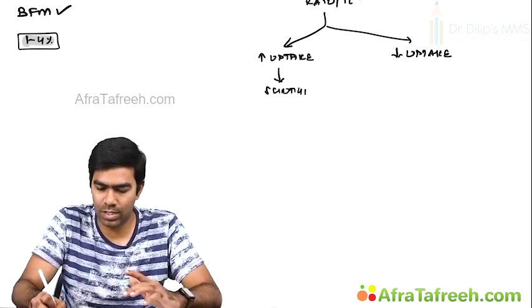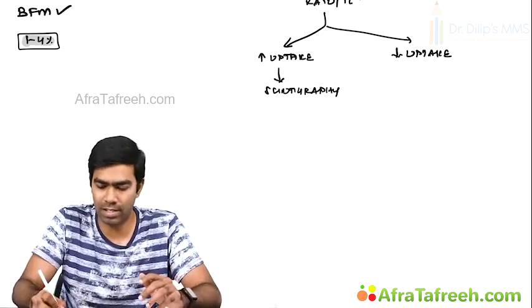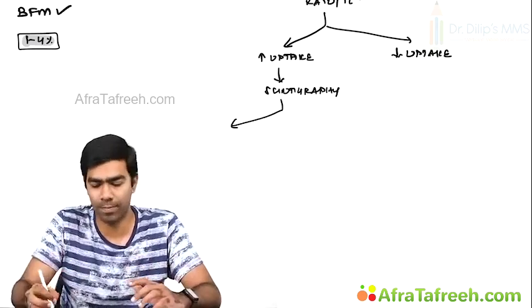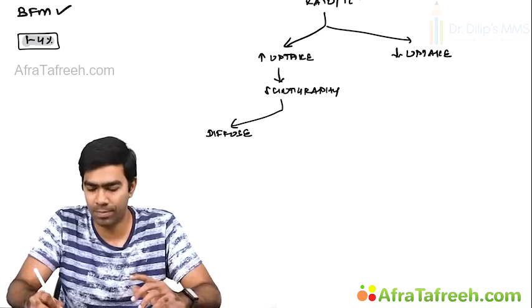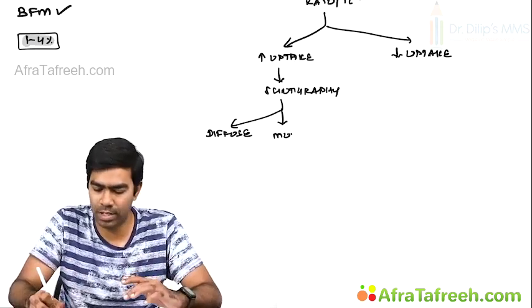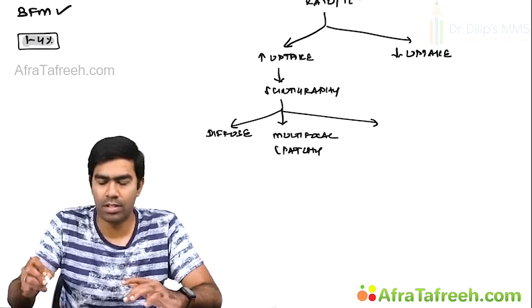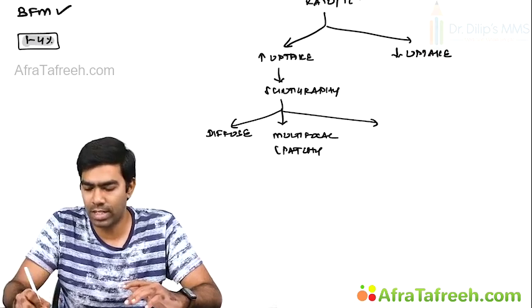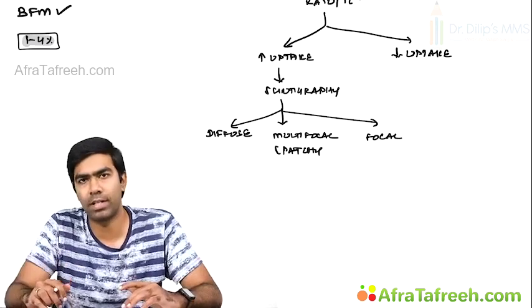So next is to see the scintigraphy and see how the distribution of this uptake is. You can categorize it into a diffuse increased uptake, or a multifocal increased uptake, or I can call it a patchy multifocal increased uptake. Or third, you can see a patient who is having a focally increased uptake.